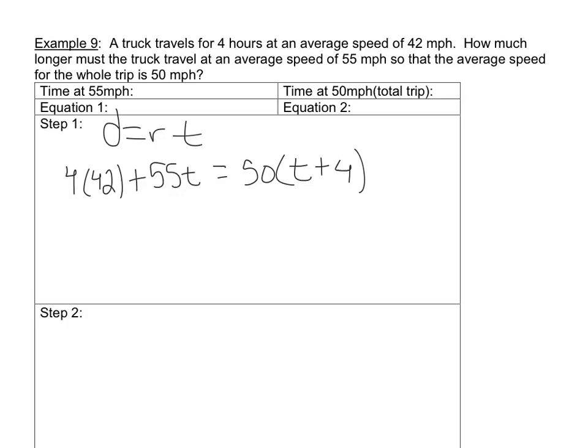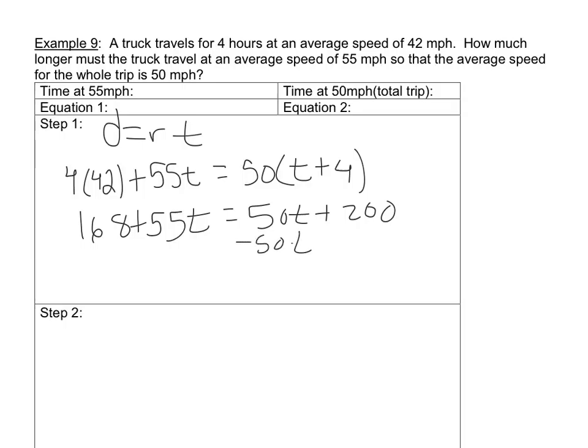Okay? So now we do 4 times 42. So you get 168 plus 55t equals 50t plus 200. So subtract the 50t, subtract the 168, and you get 5t equals 32.